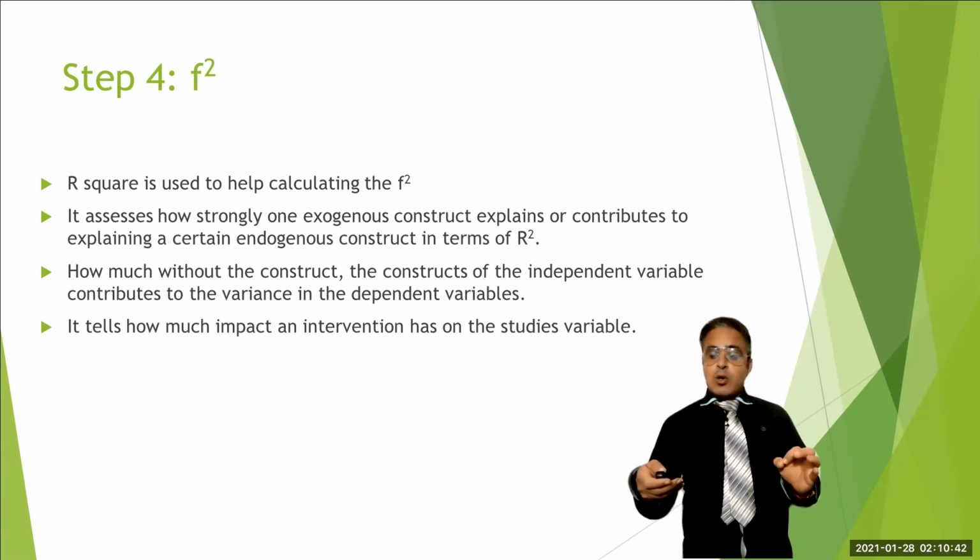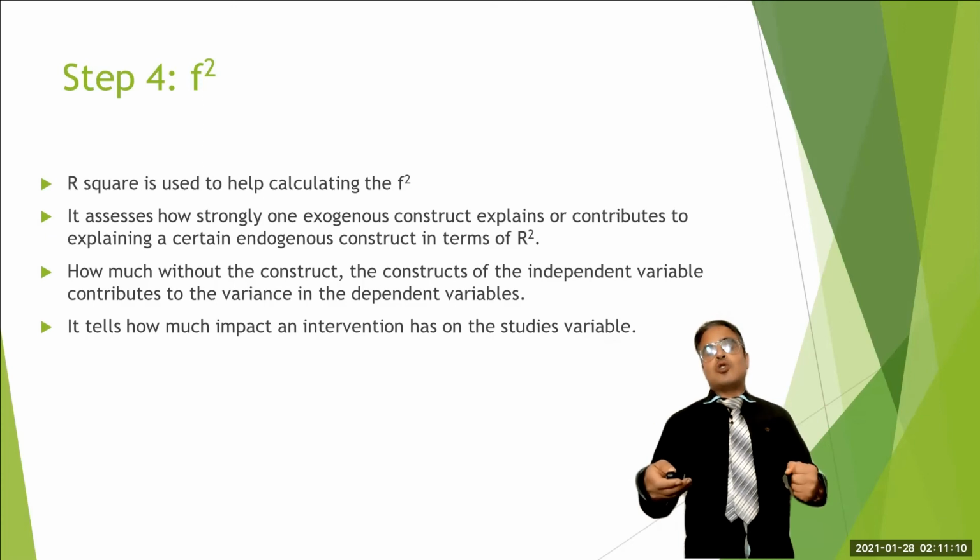Here, to calculate F-square, we omit a construct, and we check this intervention: how this omission will change the relationships, or how the construct of the independent variable contributes to the dependent variable.